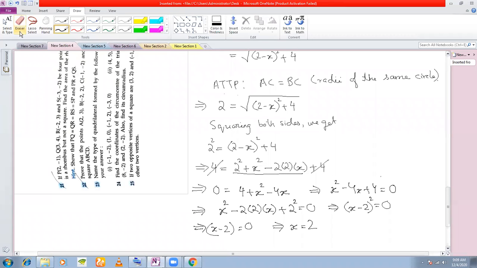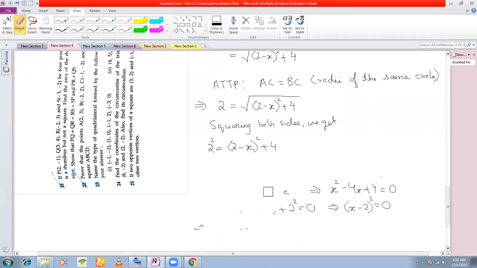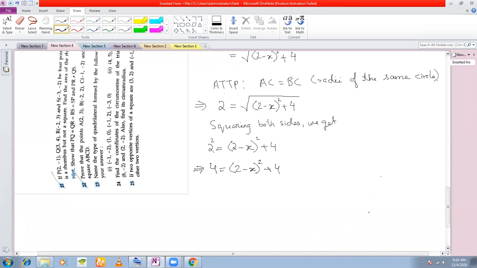Otherwise, instead of expanding here, because what we have done here is we have expanded and then again expressed it as a perfect square. Instead of doing all that, since we realize that 4 cancels on both sides, that means we are getting what? 0 is equal to 2 minus x whole square.